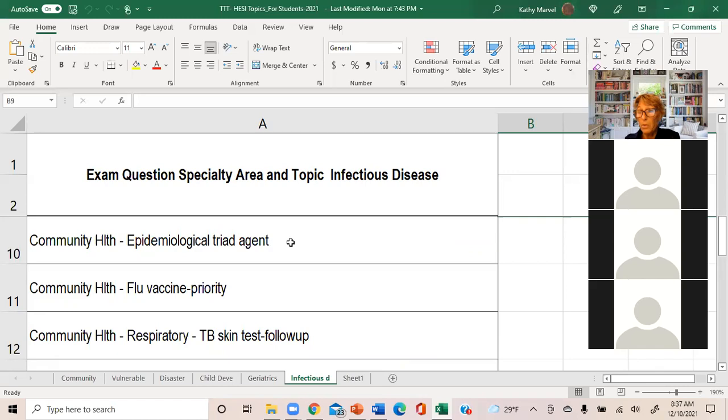Agent, host, environment, or what do you think they could ask? How they interact? What's an example of an agent? What's an example of a host? Back in your HESI study guide, there's a visual, a picture of what each of those three could be.